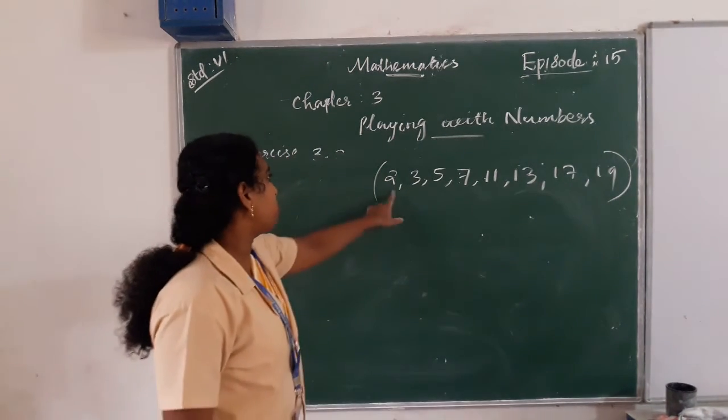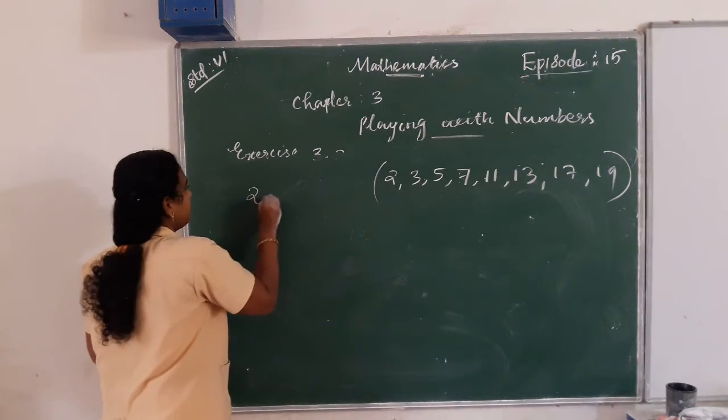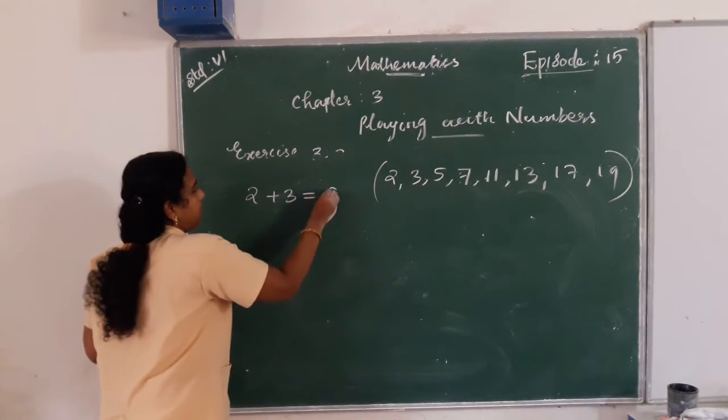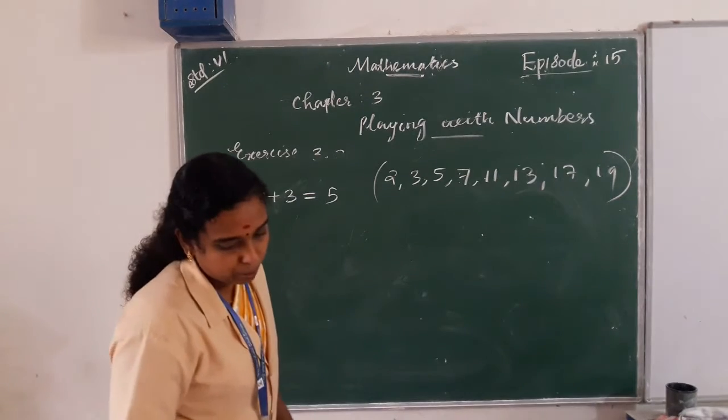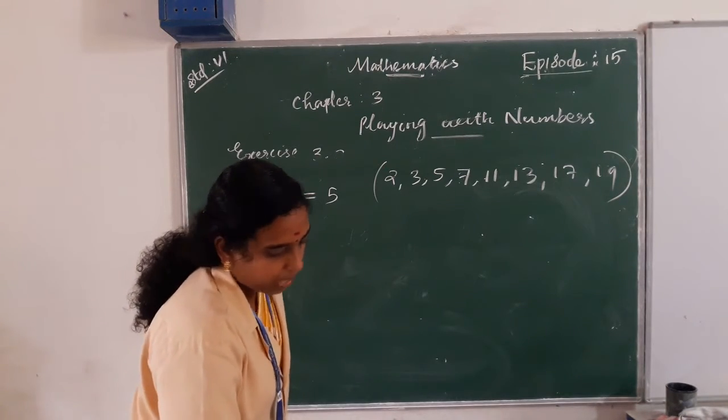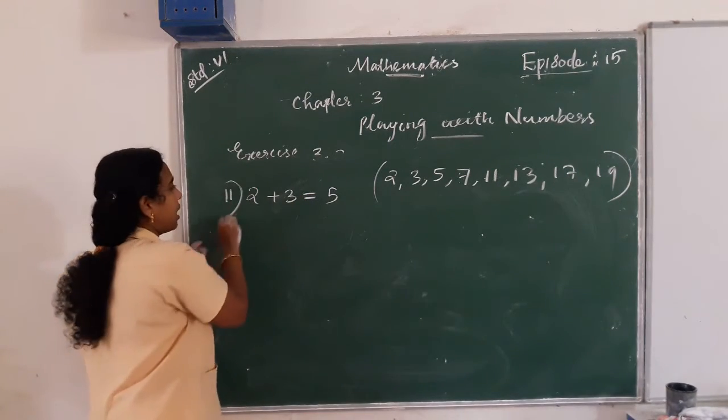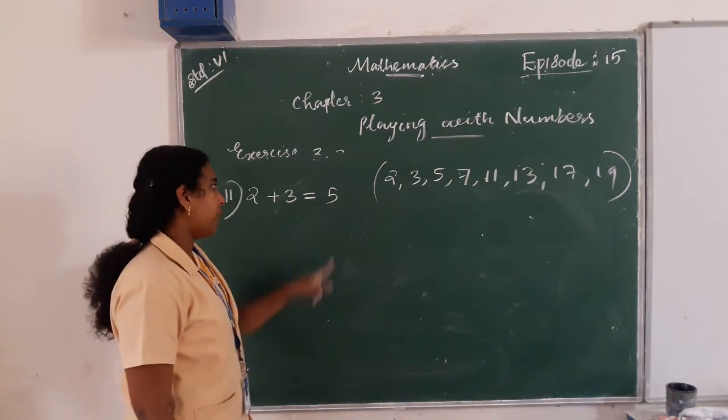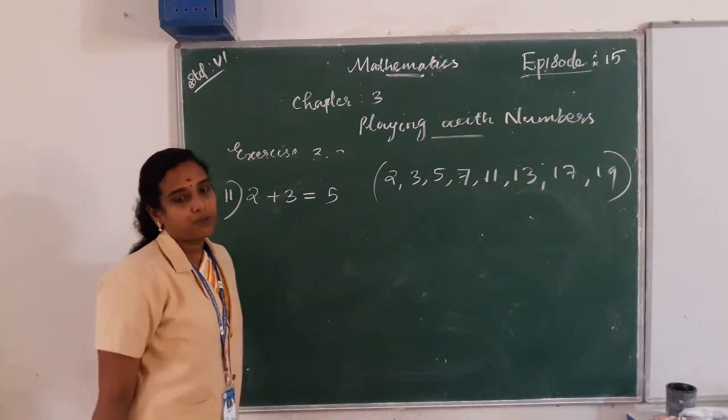So first we take 2 plus 3. 2 plus 3 is equal to 5, and the answer 5 is divisible by 5, as 5 is a multiple of 5.